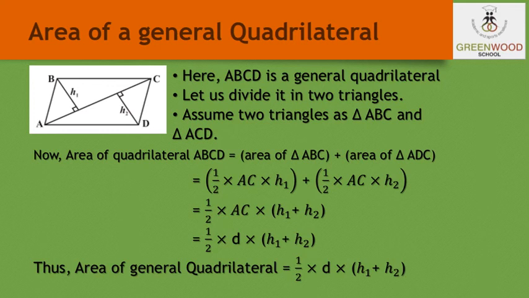So we get half into AC into (H1 plus H2). Now we know AC is a diagonal, so we can replace AC by D. So we get the formula half into the length of diagonal into (H1 plus H2). So we can say that the area of general quadrilateral is equal to half into the length of diagonal into (H1 plus H2).